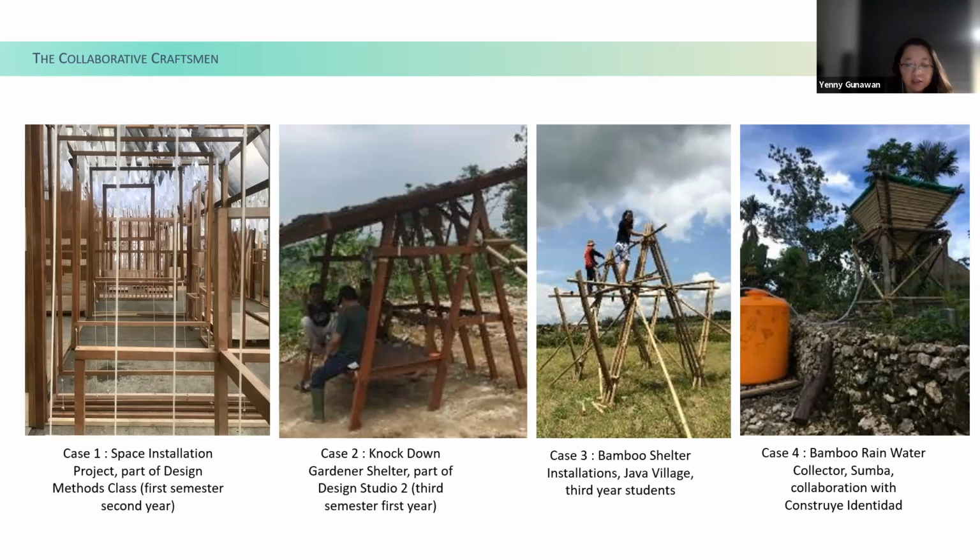The second is a gardener shelter. The third is a bamboo shelter installation. And the last one is a bamboo workshop as part of a community development program initiated by Construye Identidad, a group of young architects from Peru, which collaborates with our university.